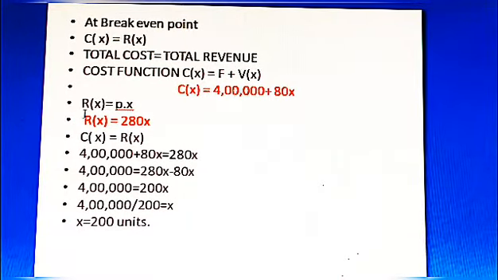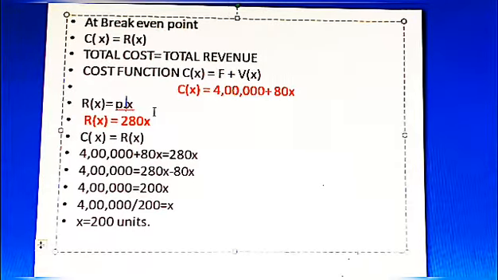Then we'll find the total revenue, P times X. Your selling price is given as 280, so 280 into X will give you 280x. So equate these two values: 4 lakh plus 80x is equal to total revenue 280x. So after simplification, we get X is equal to 200 units. This is the final answer.